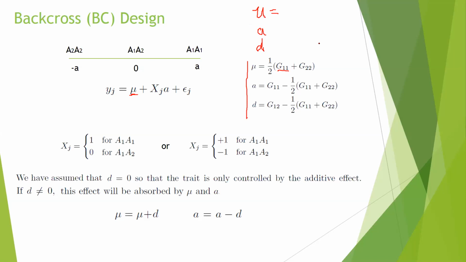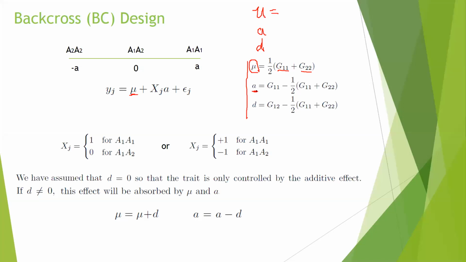If we assume A1 is the first genotype, and this is the third, the expected phenotypic value for A2, right? So the midpoint is defined as mu. Okay, I got it. Okay, very good.